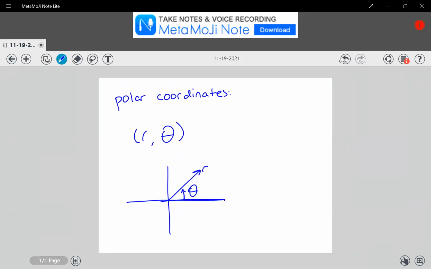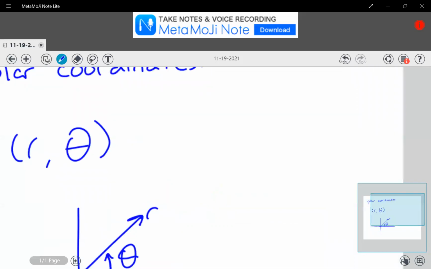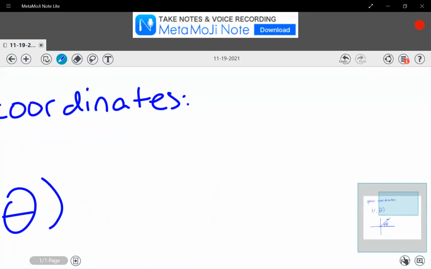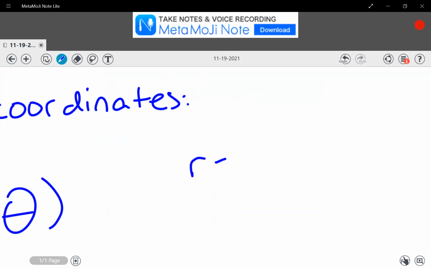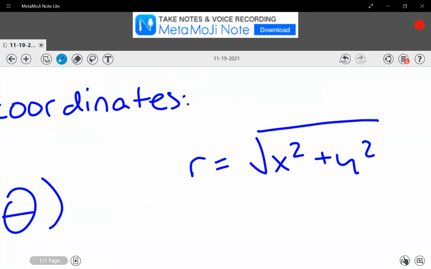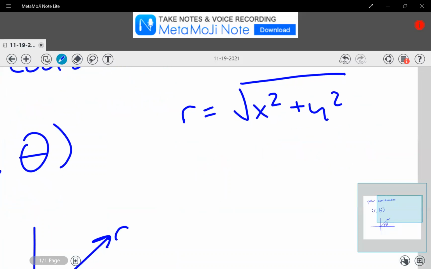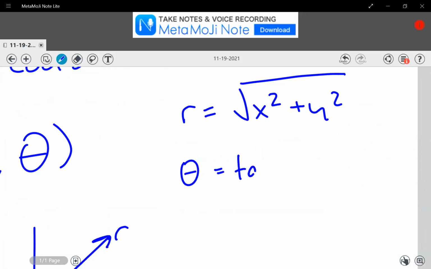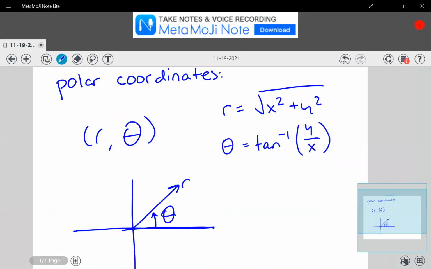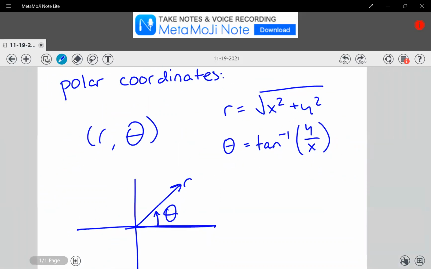So how do we convert from polar to our x and y? Well, we use the following formulas. r equals the square root of x squared plus y squared. Theta equals arctan of y over x. Feel free to take a screenshot of these.